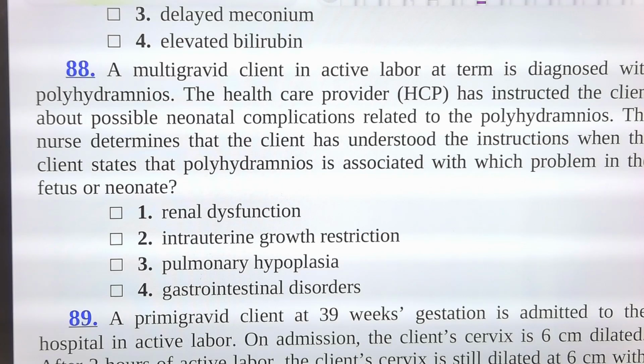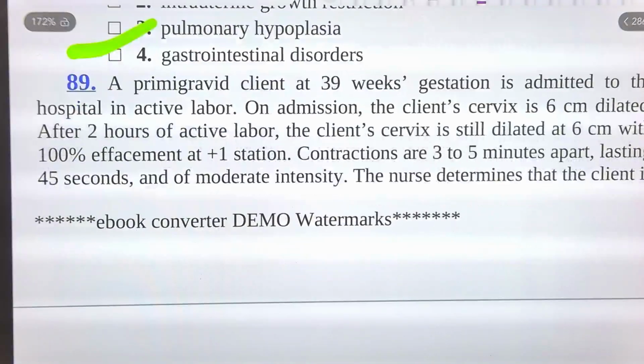So polyhydramnios is associated with gastrointestinal disorders, that is tracheoesophageal fistula, etc. So answer number 4 will be the correct one.